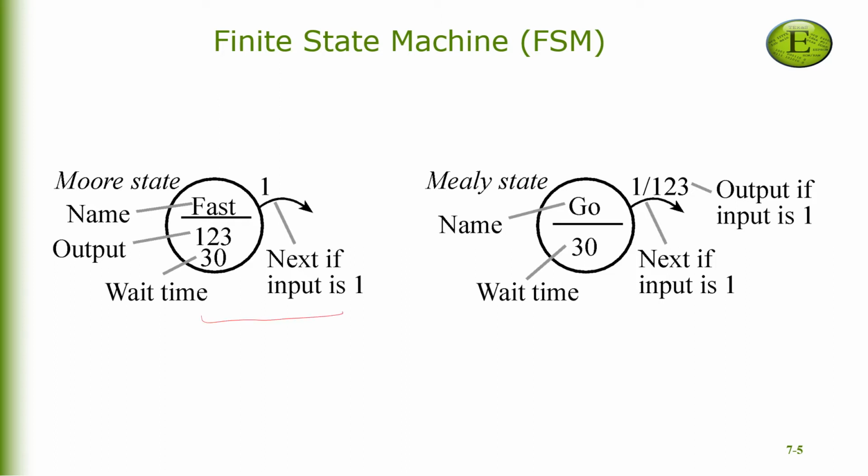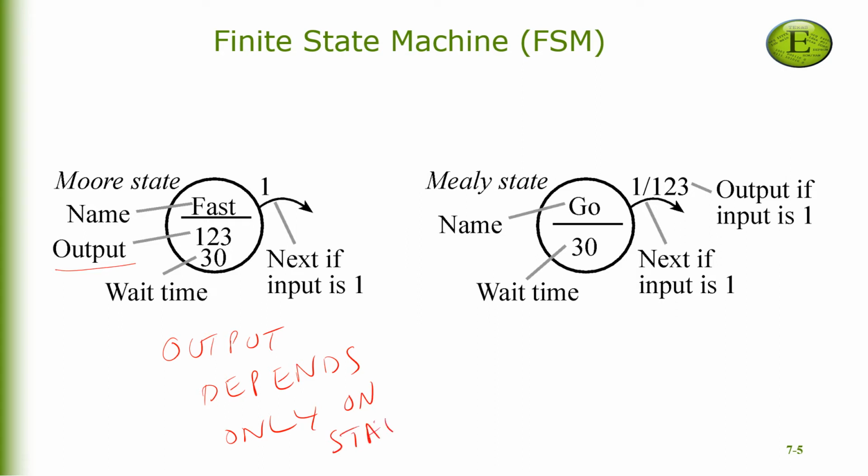In the case of the Moore state, the output is a function of the state only. So the output depends only on the state. In that sense, if the state is known, then we can readily tell the output.